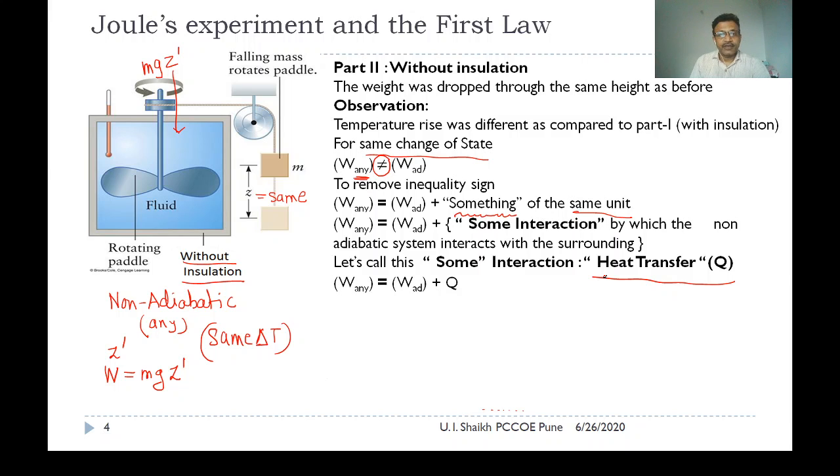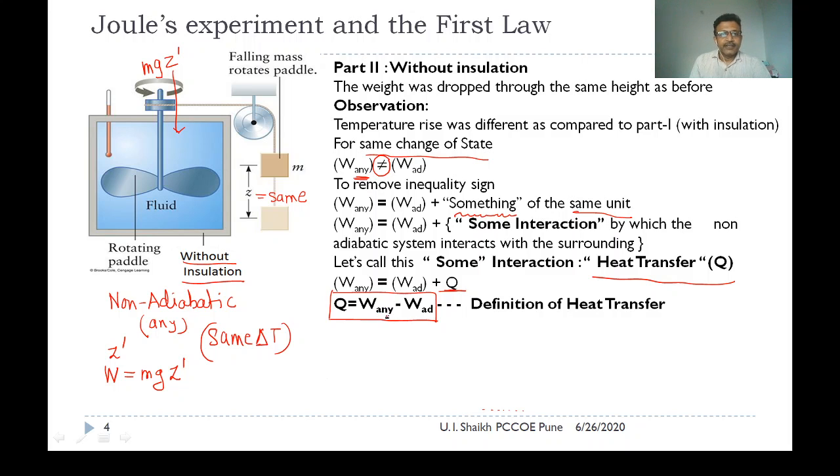The equation becomes W NE is equal to W adiabatic plus Q. By rearranging this equation, we can say that Q is equal to W NE minus W adiabatic, and this is the correct definition of heat transfer. So heat transfer is defined as the difference between non-adiabatic work transfer and adiabatic work transfer.